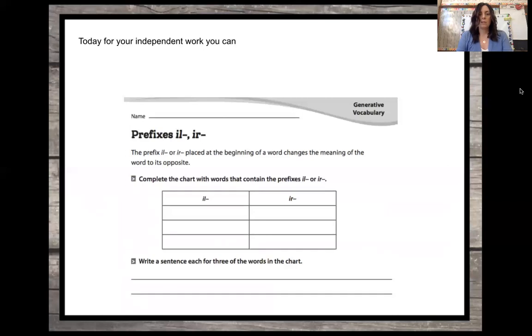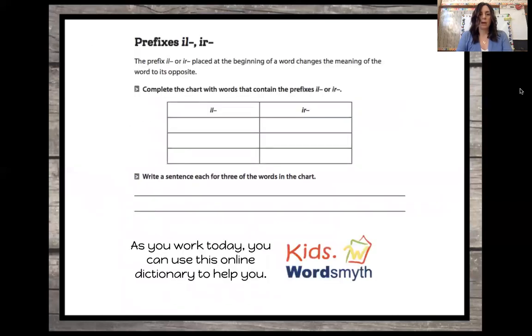So today for your independent work, you can use this online dictionary to help you. It's kidswordsmith.com. And if you click on that, it will bring you to a dictionary, because today for your independent work, you are going to complete a chart with words that contain the prefixes ill or ir. So those can either come from your head, or if you need help, you can look them up in the dictionary.